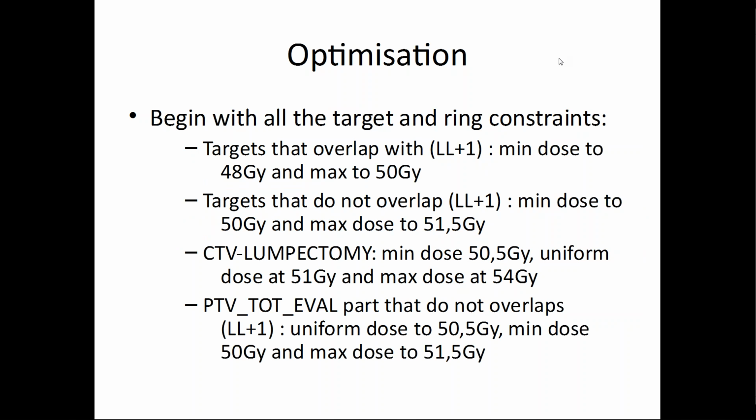For the optimization, I begin with the targets, which are separated between the part of the target that is near the lung, where I put a mean dose of 48 and max dose of 50, and all targets that do not overlap with the left lung with 1 centimeter margin. I put a higher dose, mean dose of 50 gray and max dose of 51.5 gray.